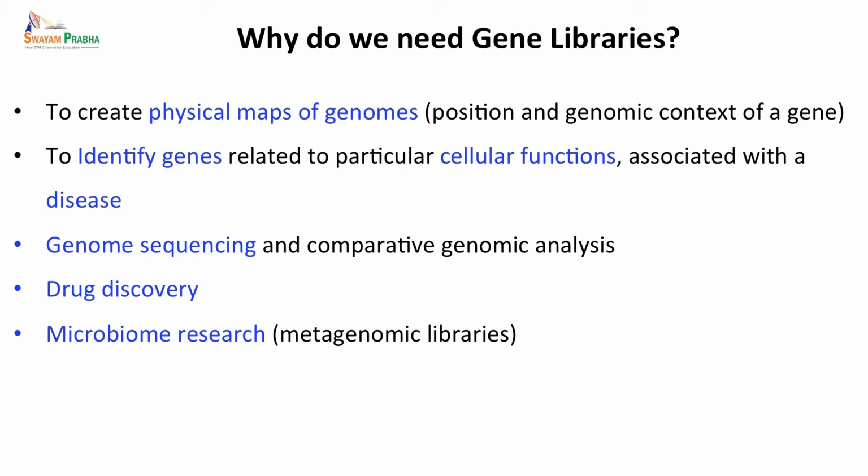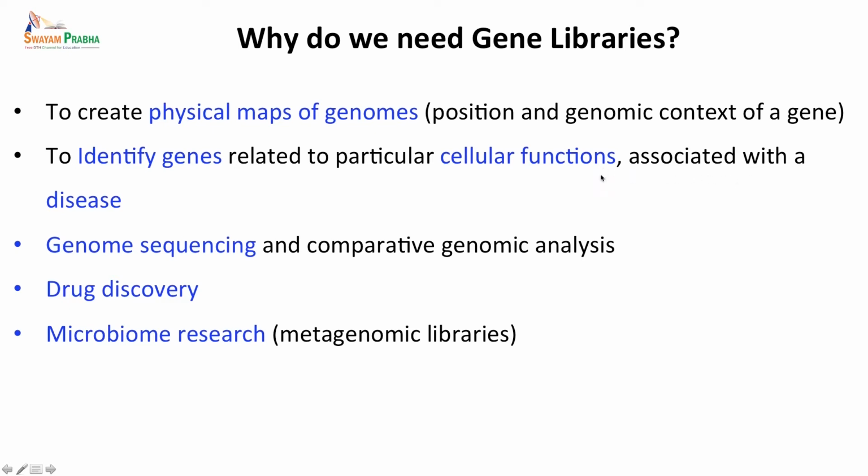Obviously, all these functions require participation of many, many genes. So, how do you figure out what all gene products are required for a particular cellular function? You might have studied about the sec mutants in yeast, where people used cDNA expression libraries in yeast to complement the defect in certain functions, and then they could figure out which genes are required for a particular cellular function.